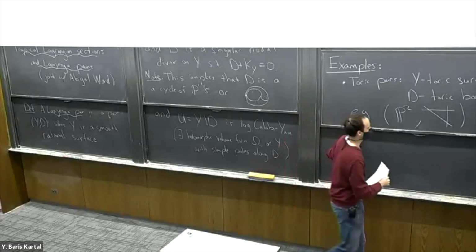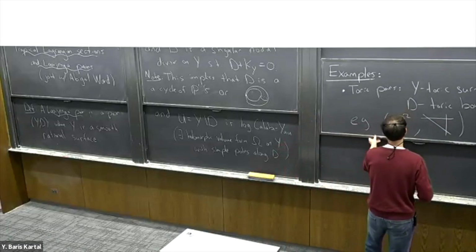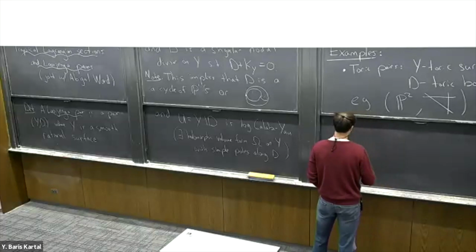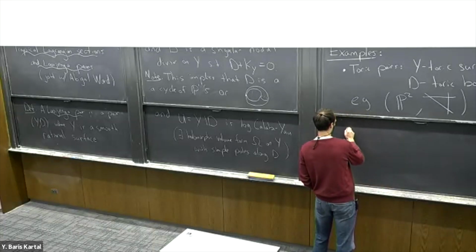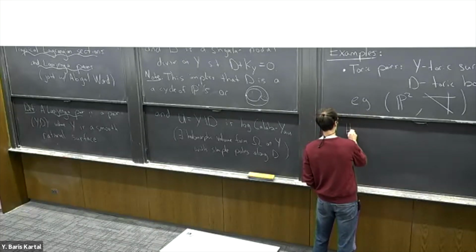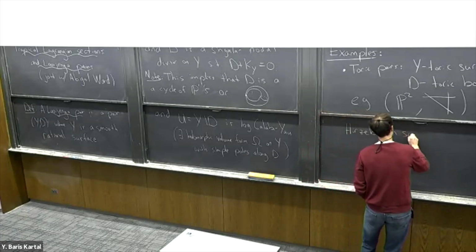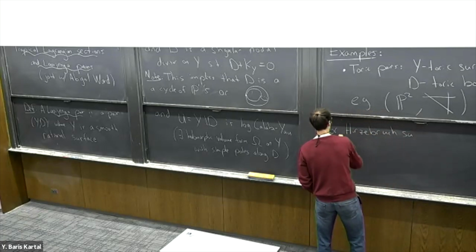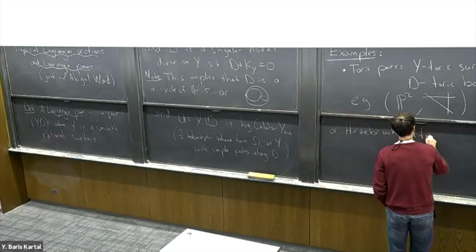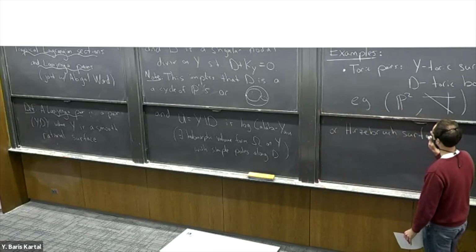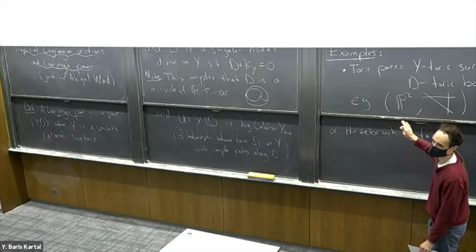Another toric surface may be a Hirzebruch surface, or P1 cross P1.